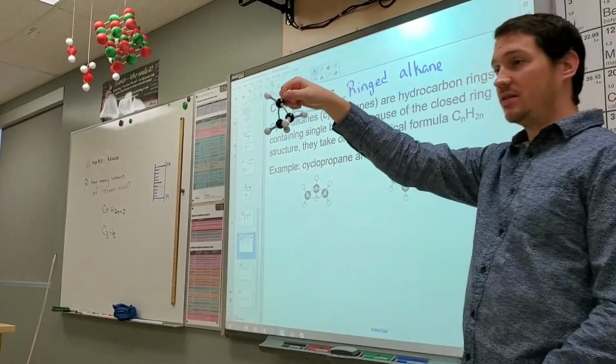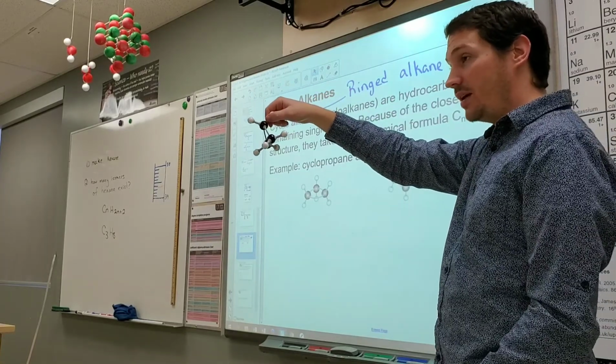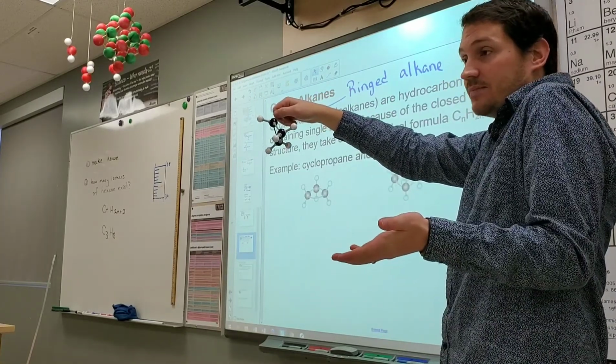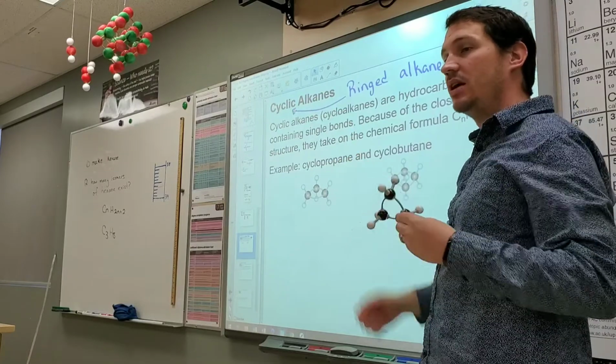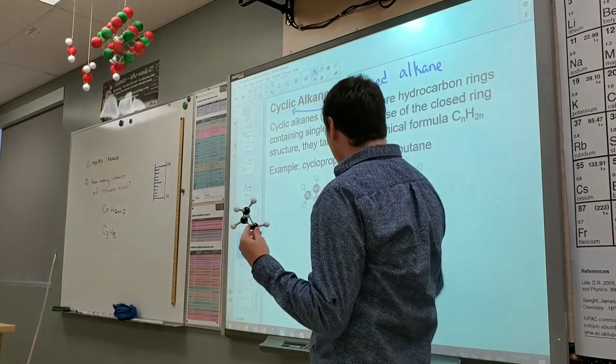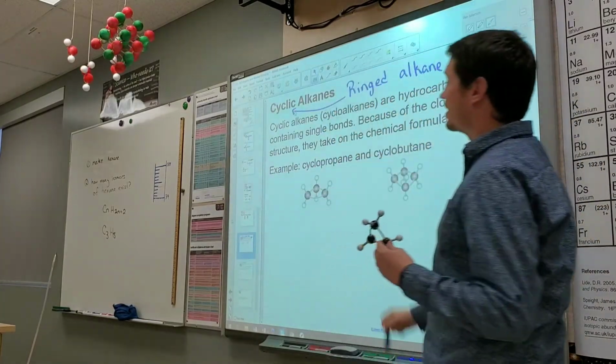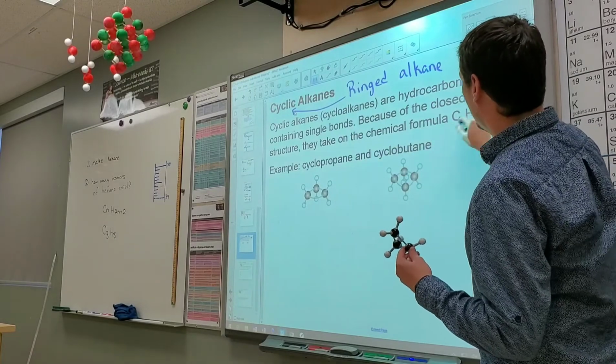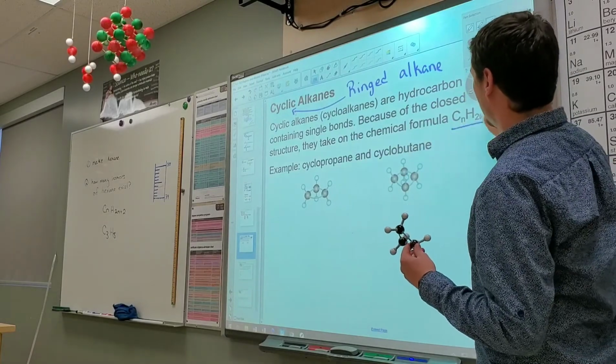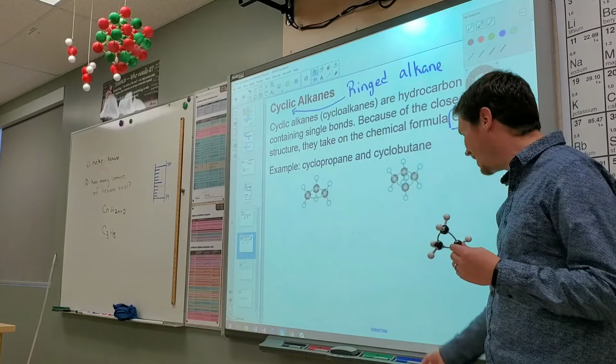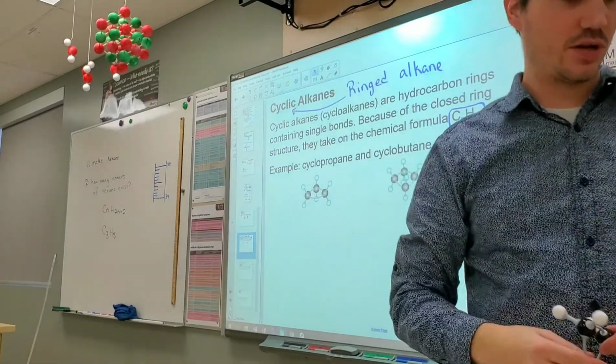This is cyclopropane. That's what we would call it. C3H6. So this does not follow the same formula. Cyclic compounds follow CnH2n. Yes, Jordan, Alex, you can go.